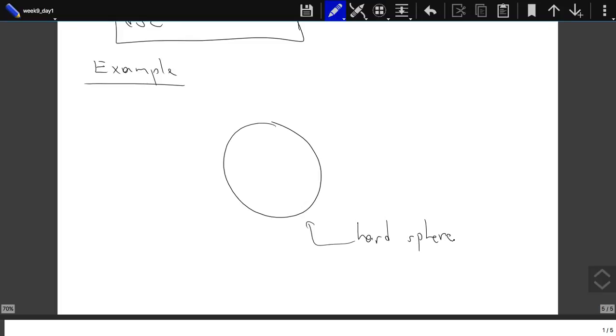So let's see how we define the scattering cross-section. If you just send a particle in this direction, let's say this is the center. If you imagine this line going through the center parallel to our incident direction, this is B. B is called the impact parameter.